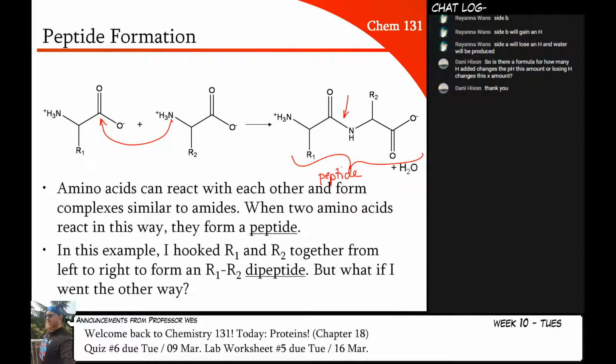But what if instead I wanted to do this? So I took this one and I wanted to put it over here. Would that be the same thing? I would get R2 and R1, but can't I just reverse them by flipping it over like a sheet of paper? Well, it turns out, remember, these are chiral. So if this is pointing out of the page, and then I were to try and flip the whole thing over, they would now be pointing into the page.